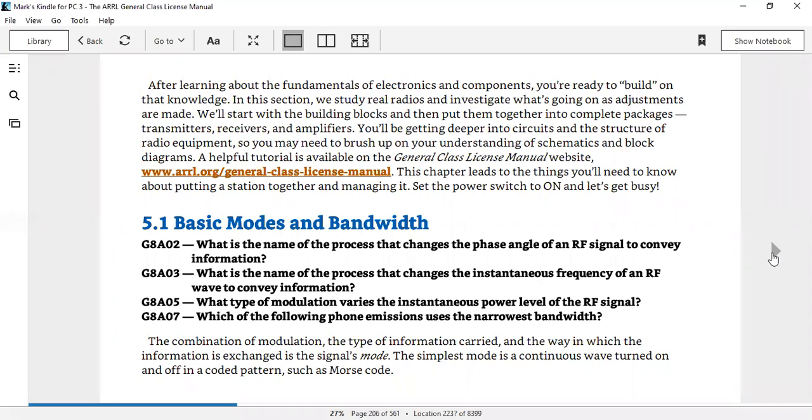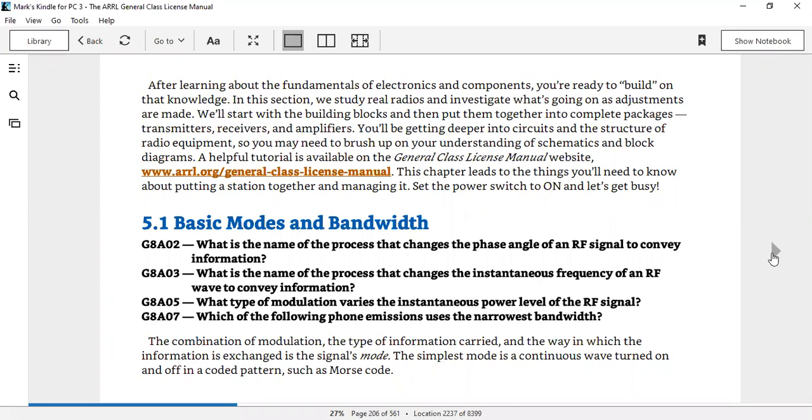That is phase modulation, or PM. Just so you guys know, the General class license manual and the test give you just a basic one or two, or at the most half a page, explanation for everything. To really go deep and understand this, you could be taking college courses in it.